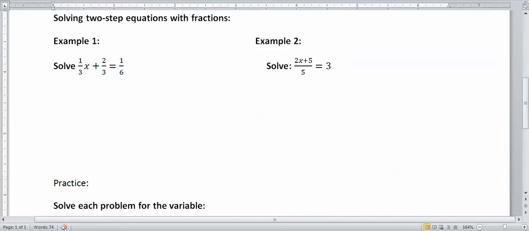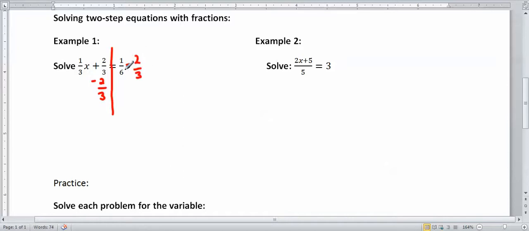To finish up this problem, I'm looking at the x. I'm multiplying it by 1/3, but we don't want to multiply first. Remember, our first step is to add or subtract. I'm adding 2/3, so to get x by itself, I need to get rid of that 2/3. So I'm going to subtract 2/3 from both sides.